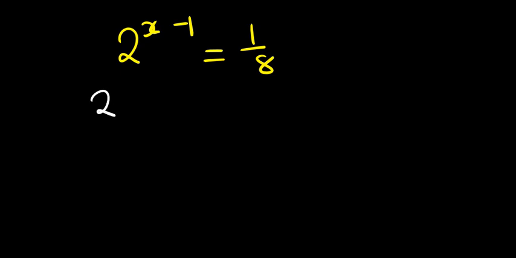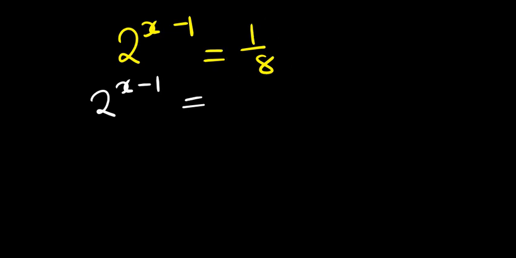Let's say we have 2^(x-1) is equals to 1 over 8. So try to make sure that the base is the same. So I'm going to have 2^(x-1) is equals to, how can I make this?